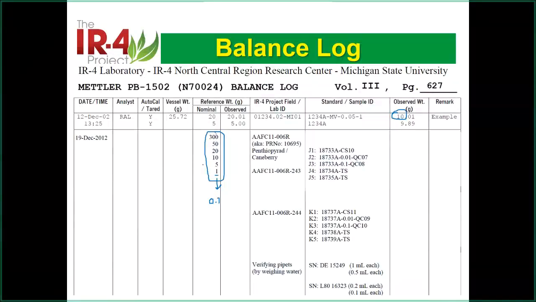At least I know I'm going to weigh 10 grams here. So I'm going to verify that. Okay. And for example, let's read the balance log. This is a similar thing you need to put in there. And this is the balance log. The original one goes with the facility. That means you will not have this balance log in your package. So your data package will have a copy of this.